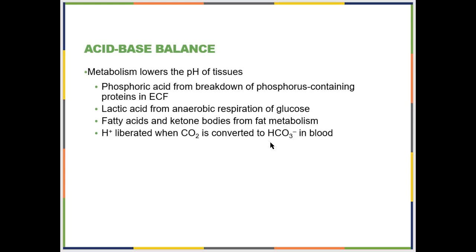So your body has mechanisms in place to maintain blood pH. You have chemical buffer systems and physiological buffer systems. The physiological buffer systems we've already gone over. That's your respiratory response and your kidneys' response in managing CO2 and hydrogen bicarbonate levels.